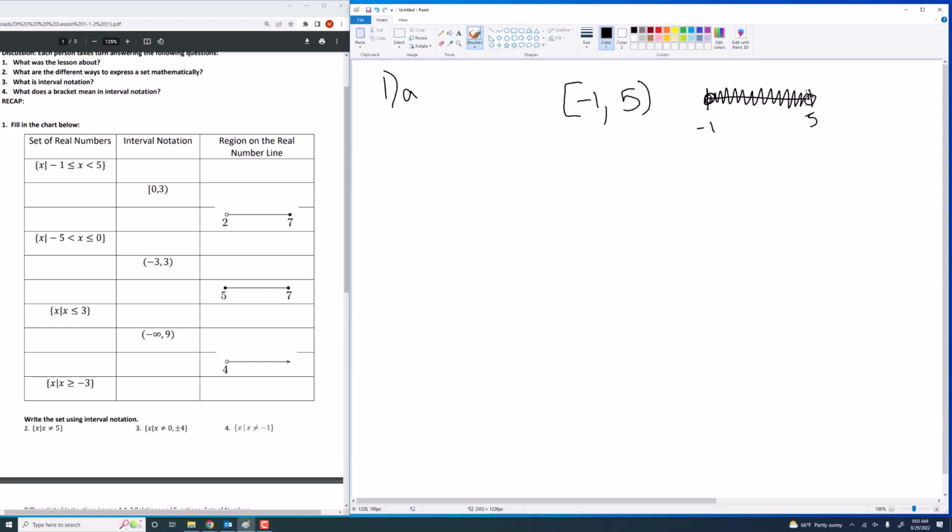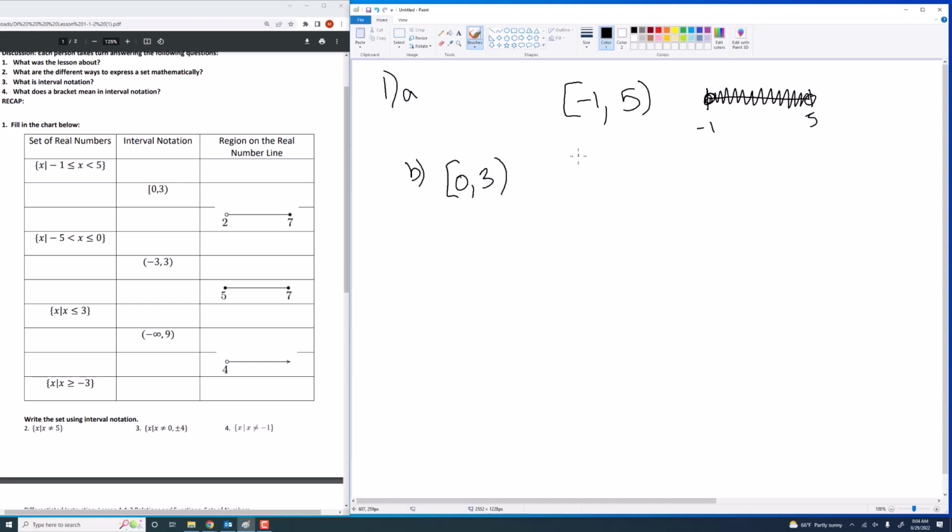For the next one, so we'll say part B, I need to know the set builder and then the region on the number line. So it gives me including 0, excluding 3.